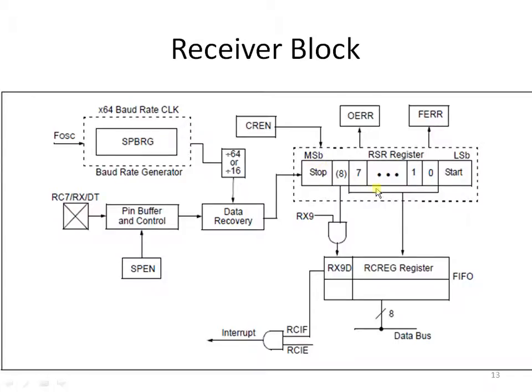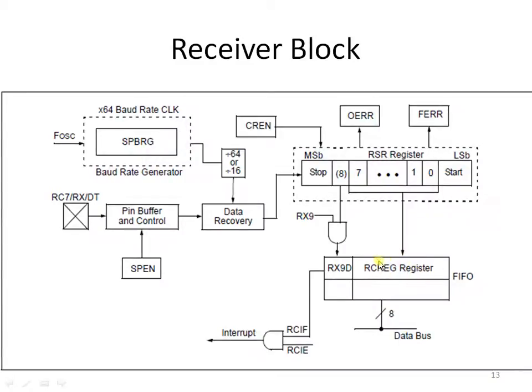After getting the data, here we have overrun error and frame error. If there is any overrun or frame error, then they will become 1. We have to set this continuous receive enable to 1 so that it receives the data continuously. After receiving the data, this data will be moved into this RCREG register.